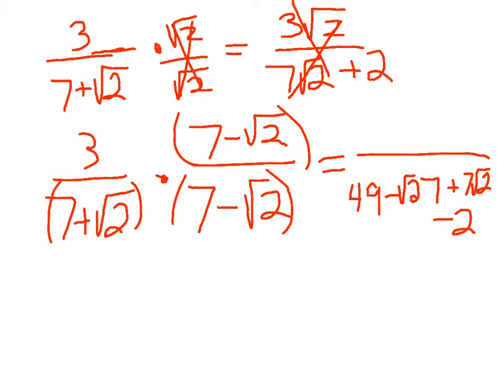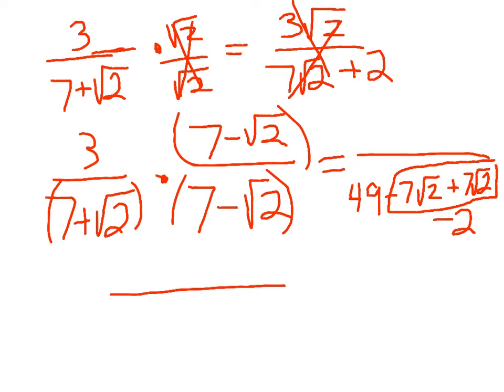Okay, and let me go ahead and flip this around so that you can see it a little better. So 7 square root 2. Do you see that these two terms would cancel each other out? And so I would just be left with the whole number of 47 down below, which is good. I've gotten rid of all my square roots.